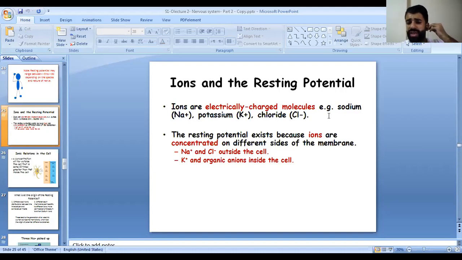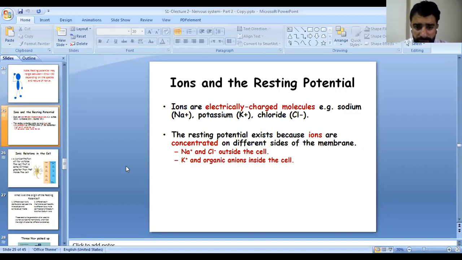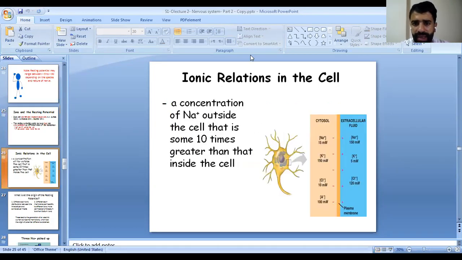So the resting potential exists because ions are concentrated on different sides of the membrane. Na plus and Cl minus are found outside the cell, whereas K plus and other organic anions are found inside the cell.